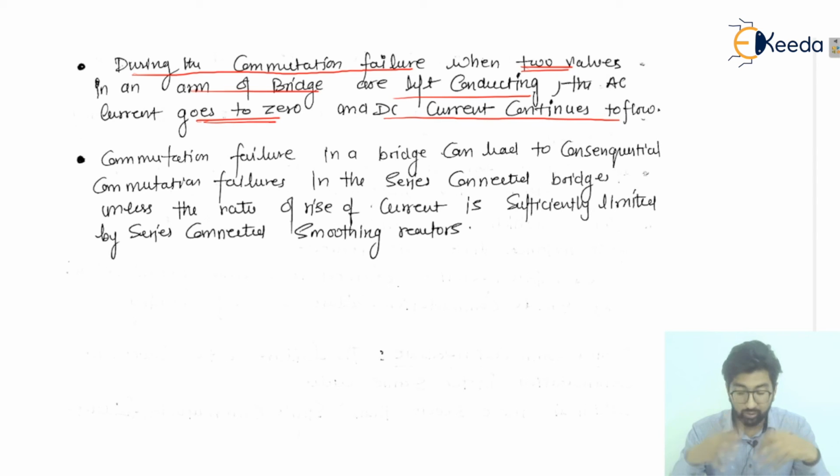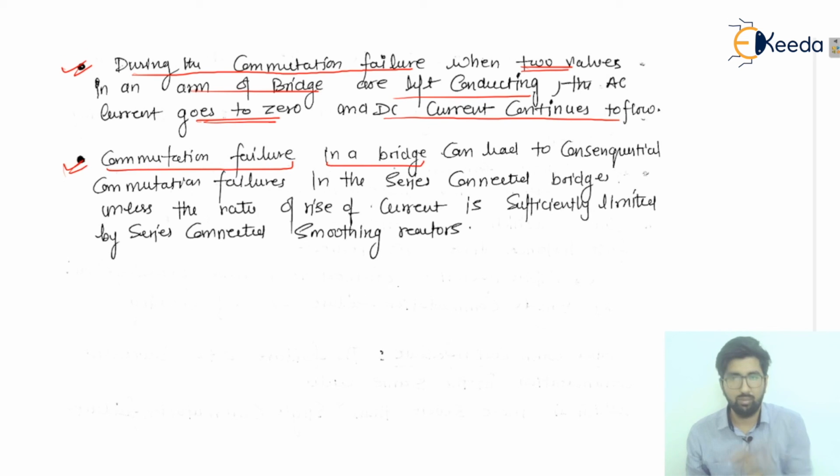So during the commutation failure, the two valves form a single arm of the bridge. There are three arms, 1, 2 and 3. If a single arm is operating with 1 and 4, let us say, and these are left conducting, then the AC current is 0 and the DC current continues to flow, due to this commutation failure in a bridge.